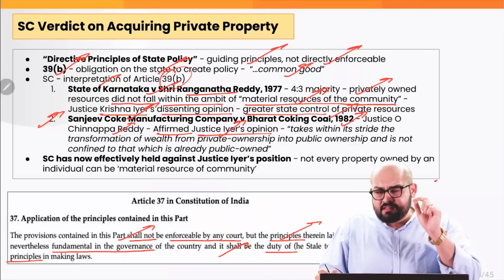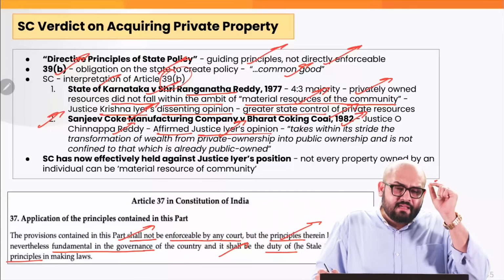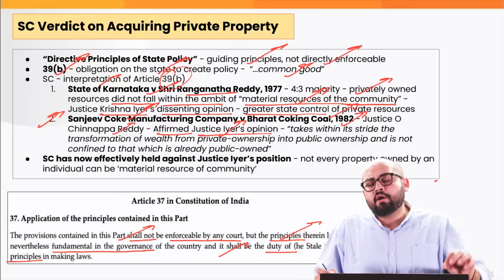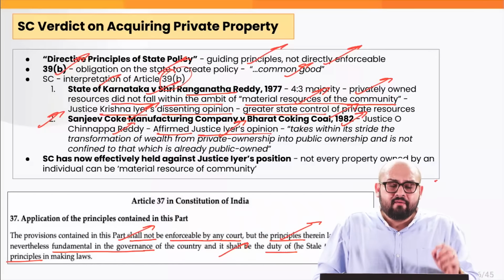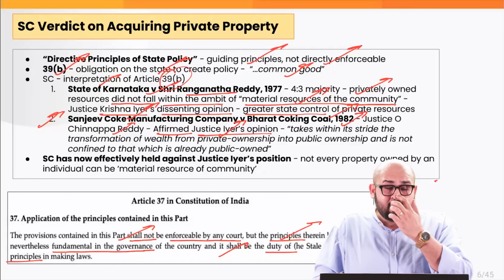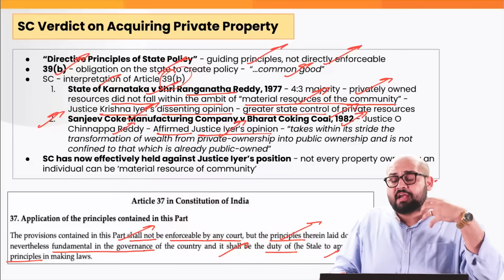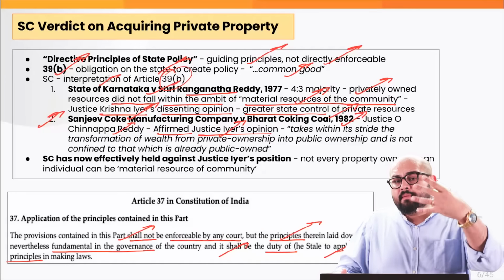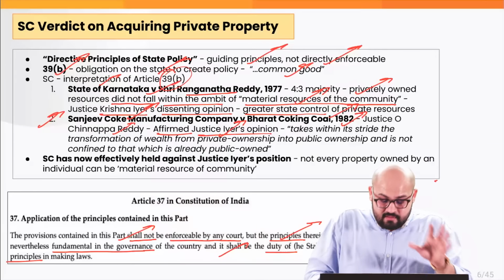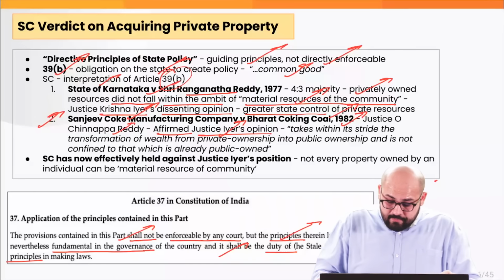He said that the state has the complete authority to acquire any private resource if it is trying to implement a directive so as to subserve the common good. That is what this judgment talked about.